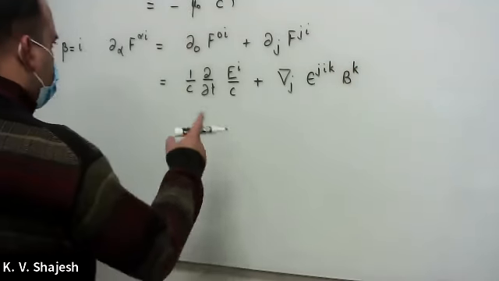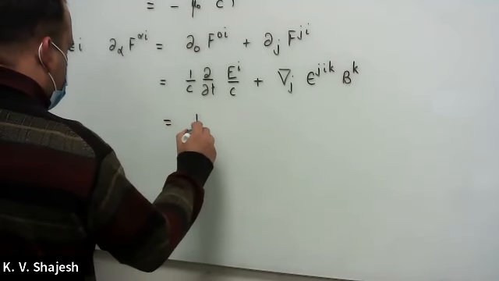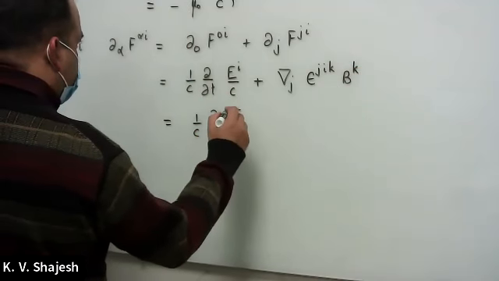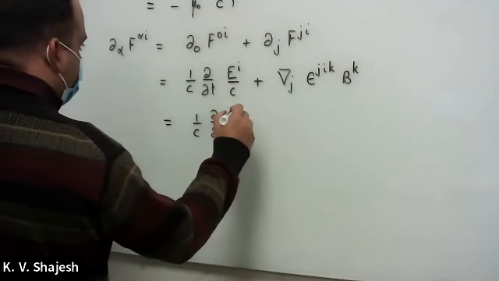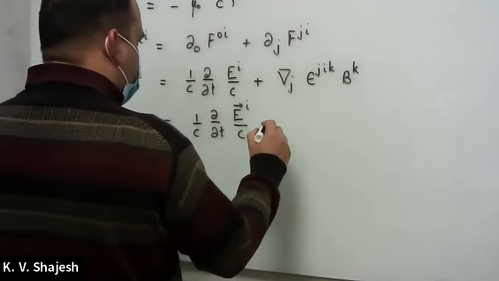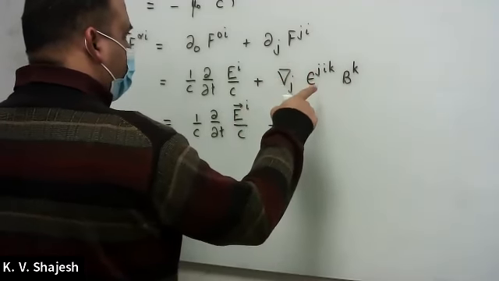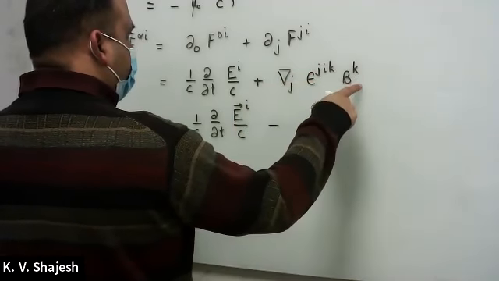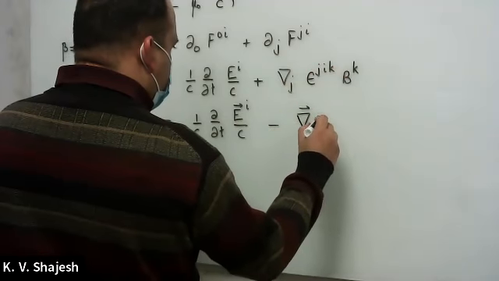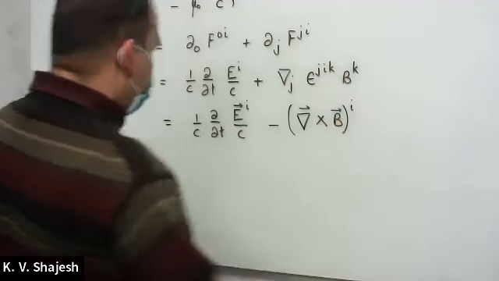Okay. So that's the same as 1 over c d by dt of electric field EI over c, and this is minus, correct? If I want to write this as a cross product, with j and k, this is minus of del cross B, the ith component of that.